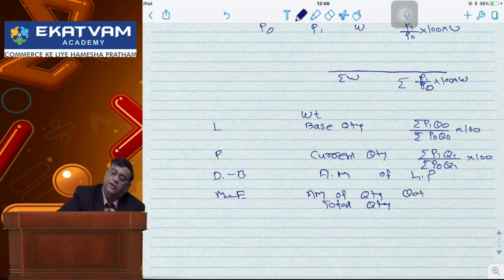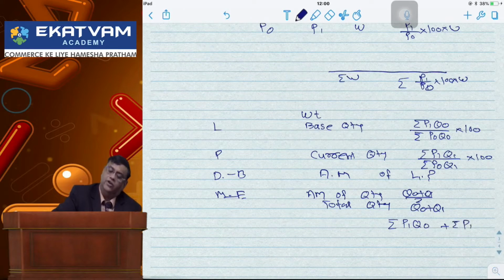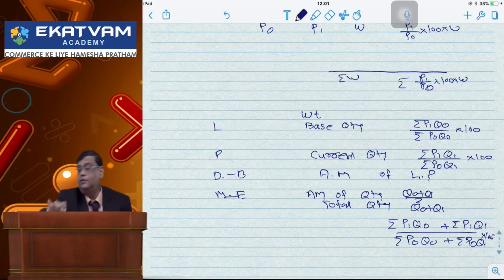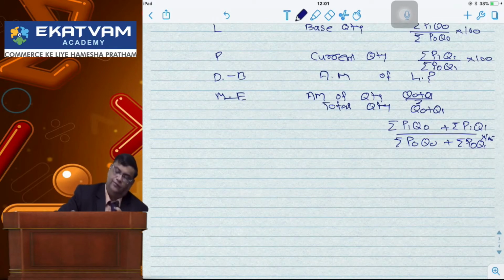Means Q0 plus Q1 upon 2 as a weight, or just Q0 plus Q1 as a weight. And as such, this Marshall-Edgeworth formula is what? Laspeyres' numerator plus Paasche's numerator over Laspeyres' denominator plus Paasche's denominator into 100. Is that clear? That was Marshall-Edgeworth.